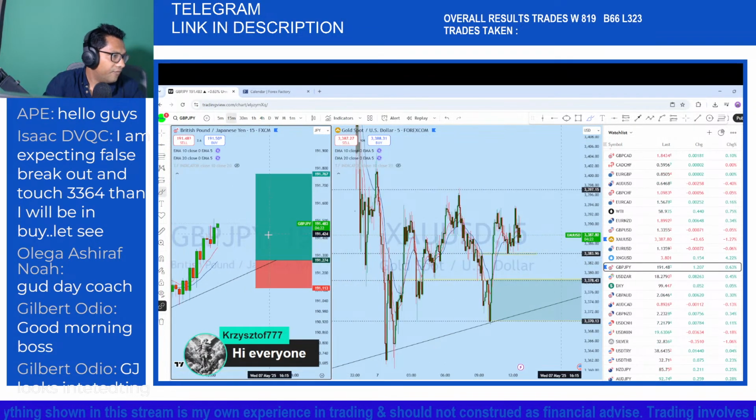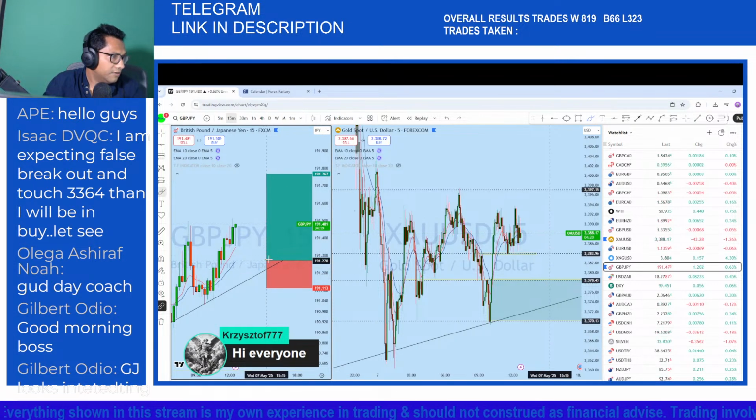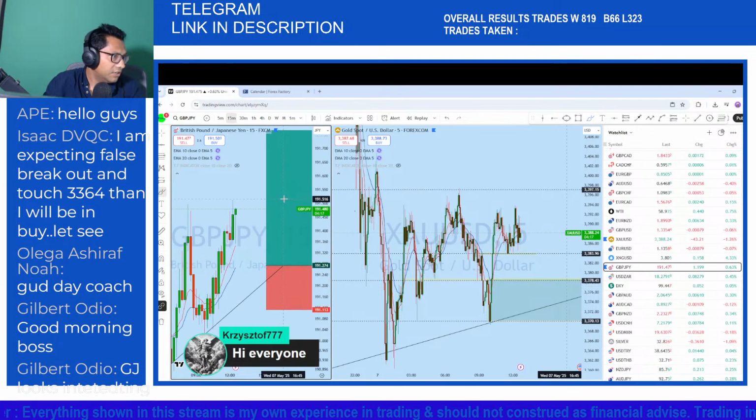GBP JPY is forming another bullish 15 minute candle.